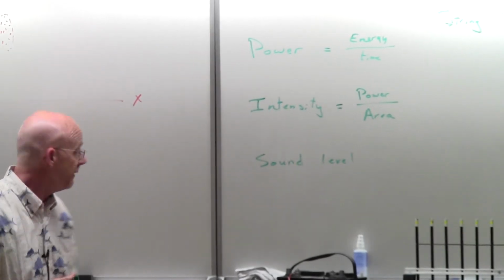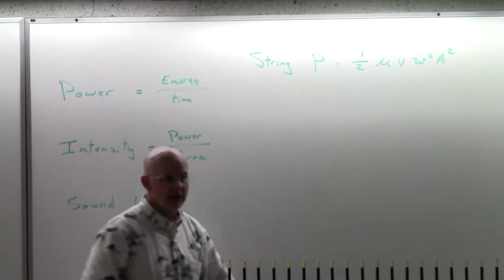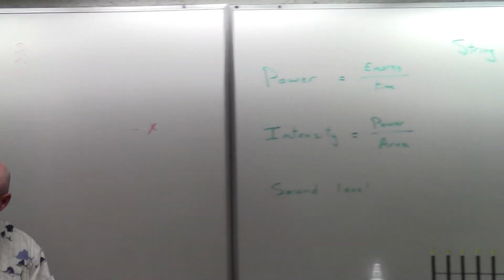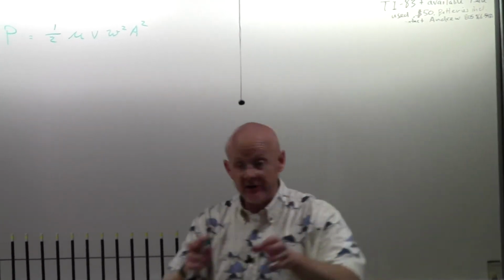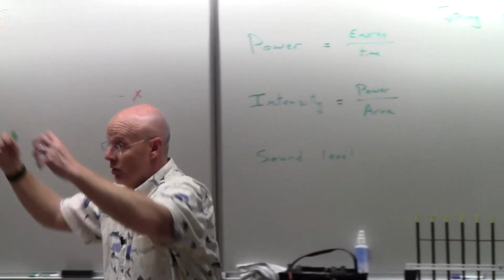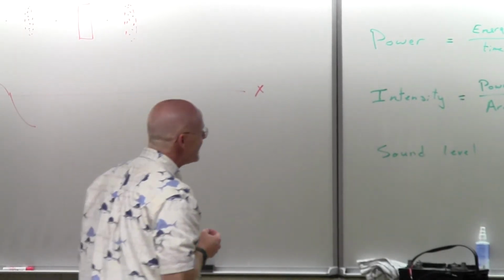That's really the volume. So unlike the string, it is not an issue of how much power is there, because all of that power goes one place, down the string. But for sound waves, because it's three-dimensional and it goes out into space, I am more interested in intensity.